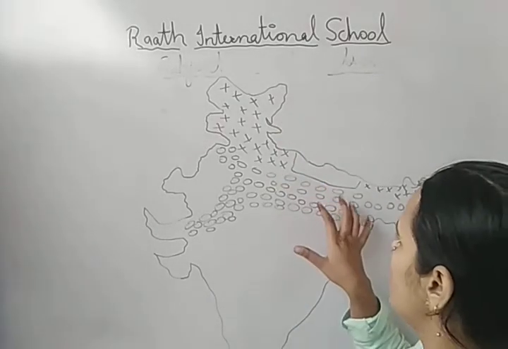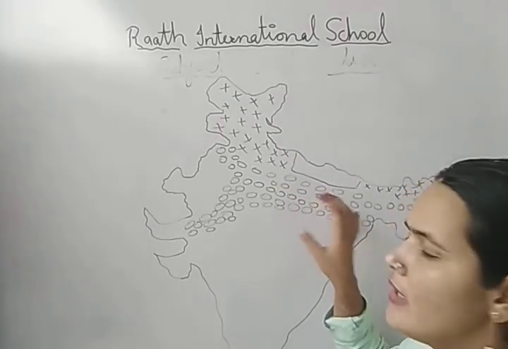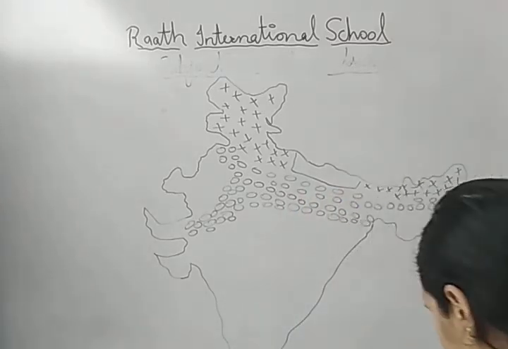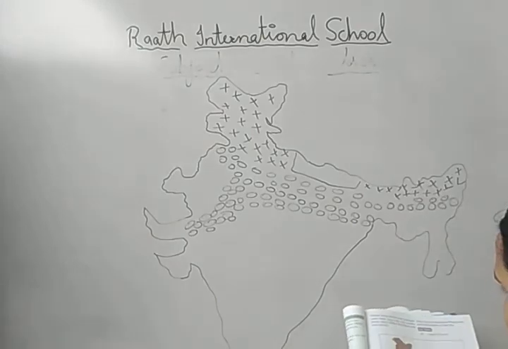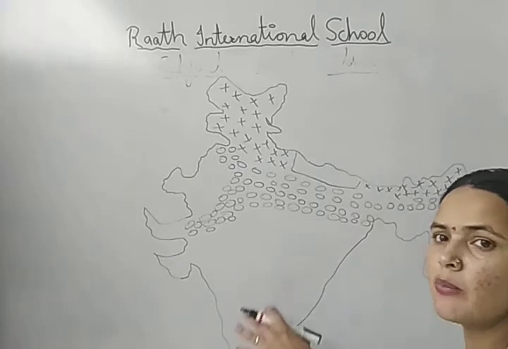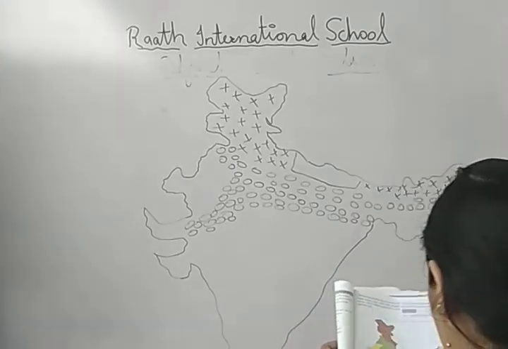Mountain soil, and these little circles are the symbol of alluvial soil. After that, next is red soil. So red soil is found in the southern part of our country. So here is the red soil.